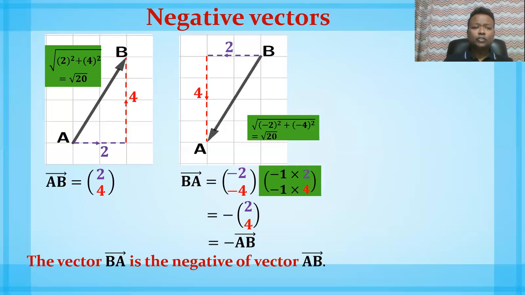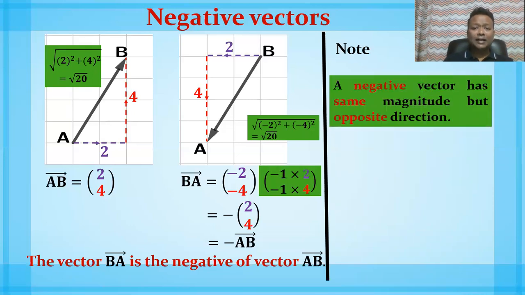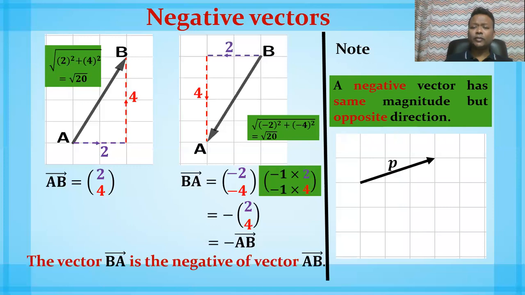Therefore, the magnitude of the vector AB is equal to the magnitude of the vector BA. Note, a negative vector has same magnitude but opposite direction. Thus, if we have a vector P, then the vector having the same magnitude but opposite direction is definitely negative P.